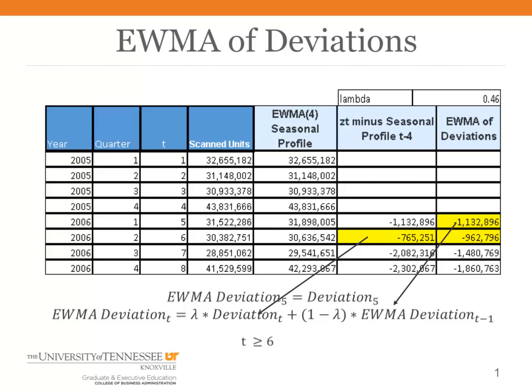And here I have combined the deviation of second quarter 2006 with the smooth deviation of the previous quarter to get a new smooth deviation for second quarter of 2006.